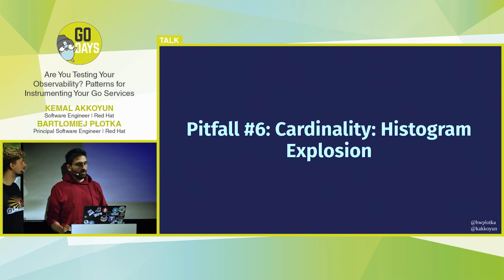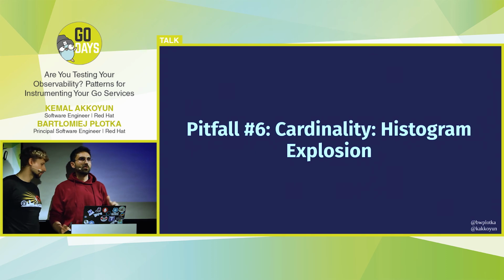One other pitfall about cardinality again: histograms. When you are dealing with histograms, you need to be extra careful, especially about cardinality. Histograms are a bit more complex metric type compared to counters and gauges. But underneath, they are just a bunch of labeled counters.